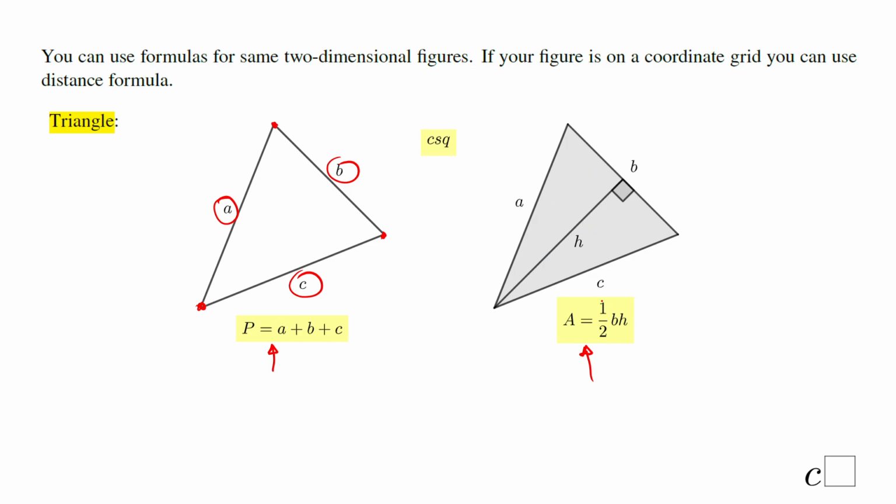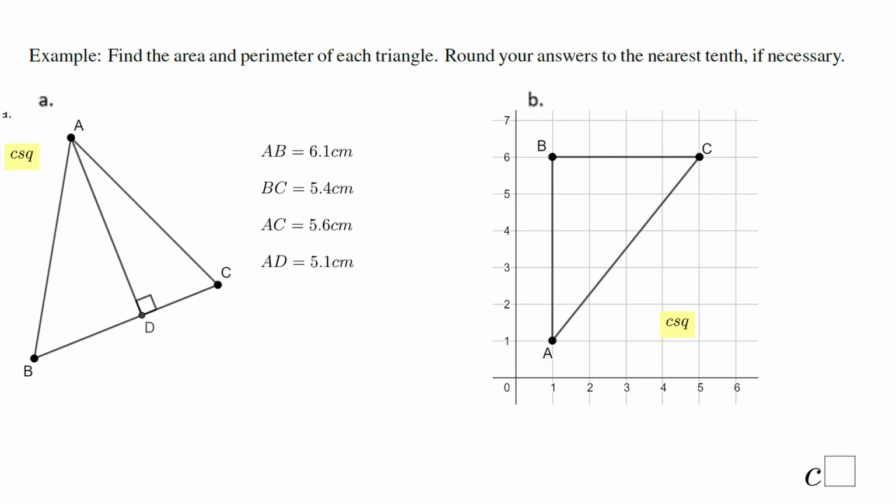We have a formula: 1/2 times b times h, where b stands for the base and h stands for the height. The base is this b in this case, and the height is the corresponding altitude, as we call it, to this b. You'll see how I'm going to use this in my next example.